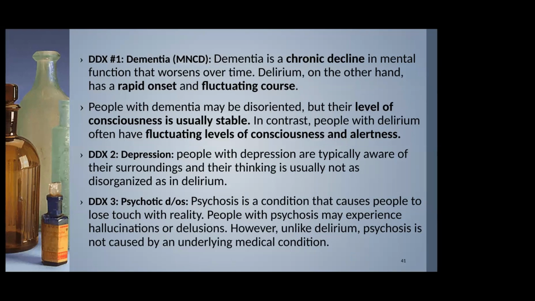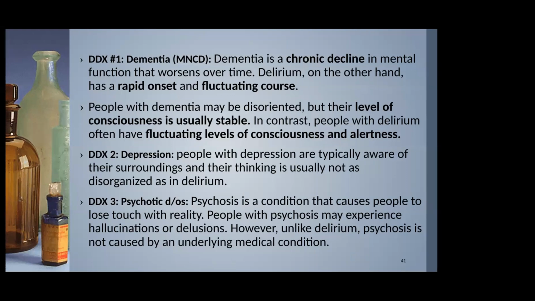These hallucinations or delusions can also happen in patients with delirium. However, unlike delirium, psychosis is not caused by an underlying medical condition. Usually, medical conditions can push patients to develop psychotic symptoms, but genuine psychotic disorders do not usually have underlying medical conditions. That's the first one.